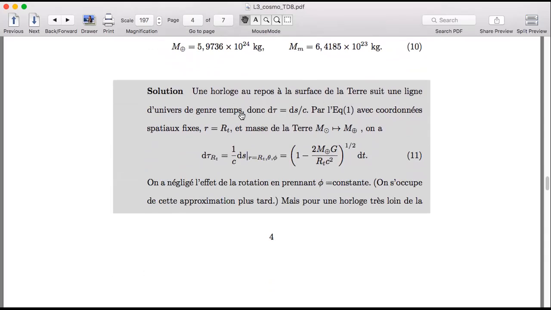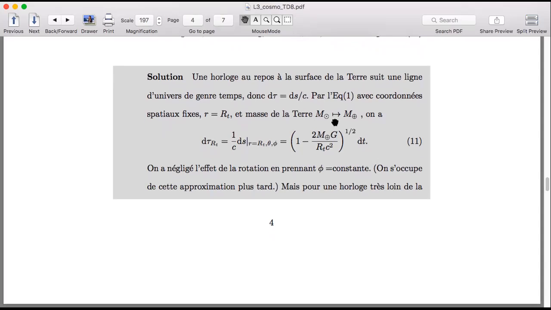It's a massive particle, so it has to follow a time-like world line, and therefore ds squared is greater than 0, and therefore this ds is equal to the proper time interval, with the speed of light just providing a conversion of units here. So we made that argument at the beginning of the last solution, and we're applying it again here.